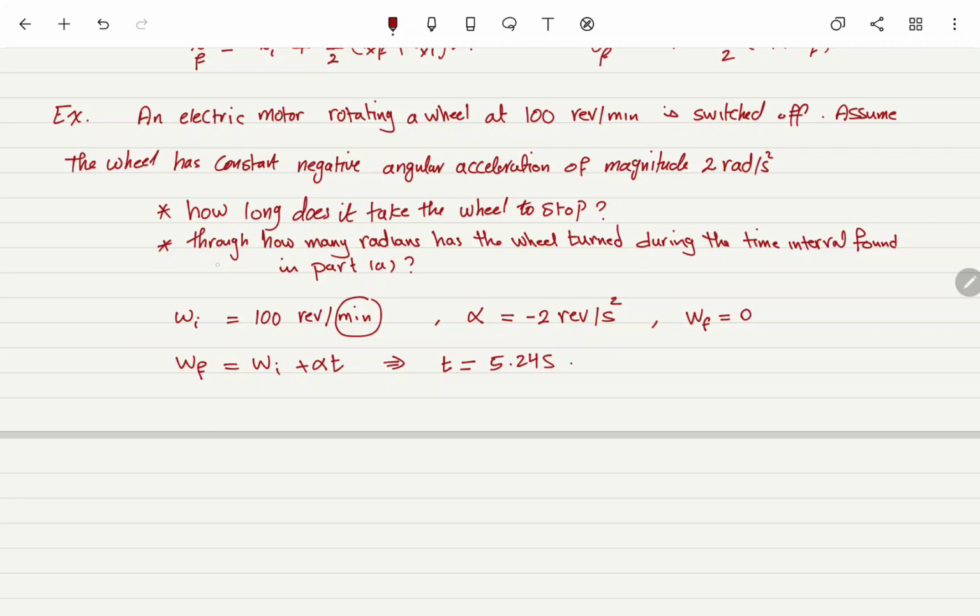Now in the second part, through how many radians, so we need theta actually. So delta theta equals theta final minus theta initial, which equals omega initial t plus half alpha t squared, and you just substitute numbers here, you will find it's equal to 27.4 rad.